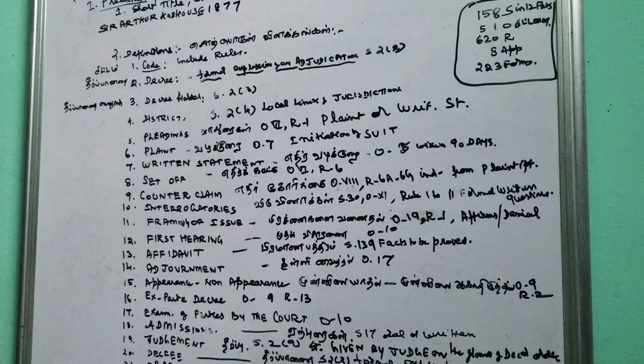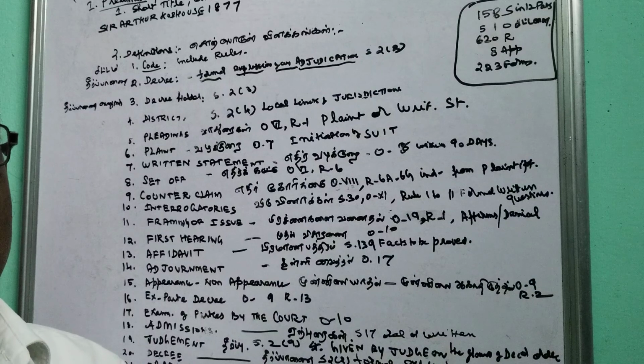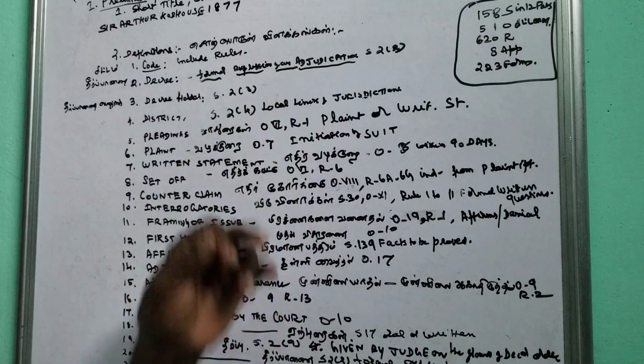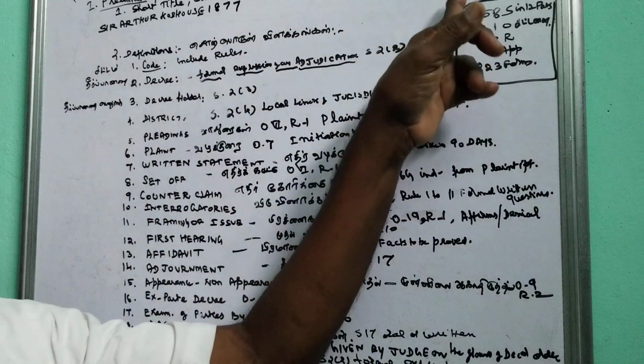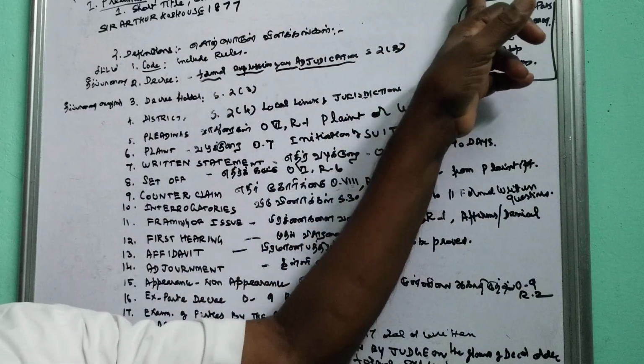Now we will see the preliminary: short title, commencement and extent. The short title is the Code of Civil Procedure, the laws relating to civil procedure. The commencement is 1/1/1909.